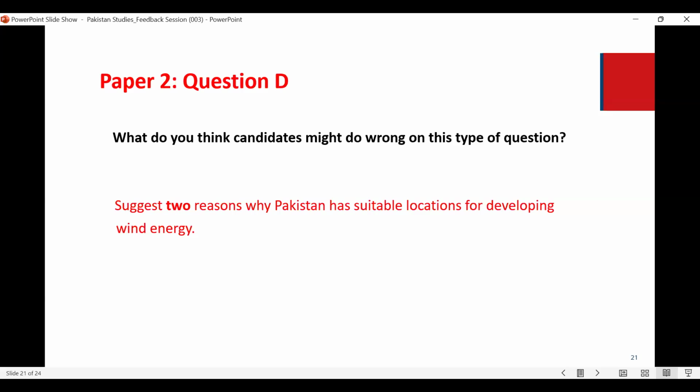So they've got the picture of the wind power plants. And they've got to suggest 2 reasons why Pakistan has suitable locations for developing wind energy. So we're looking for 4 marks here.